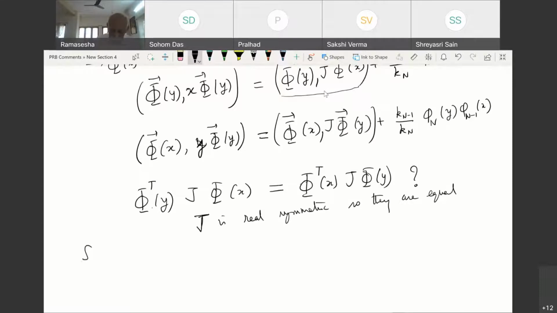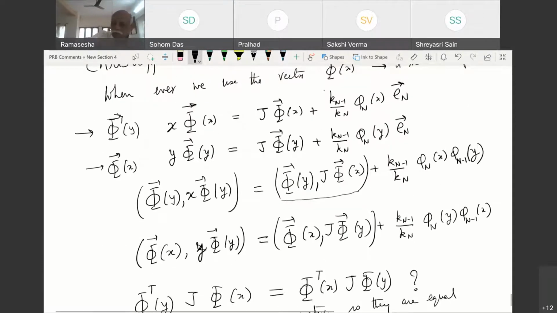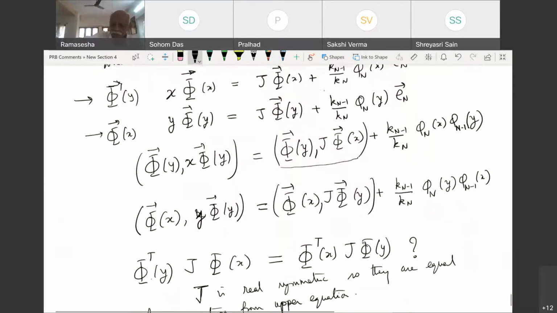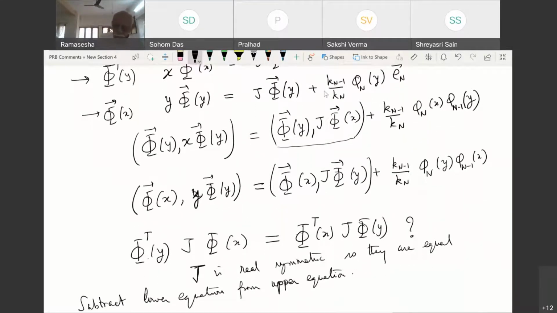If I subtract the lower equation from the upper equation, these two will vanish because the first term will be the same in both cases.